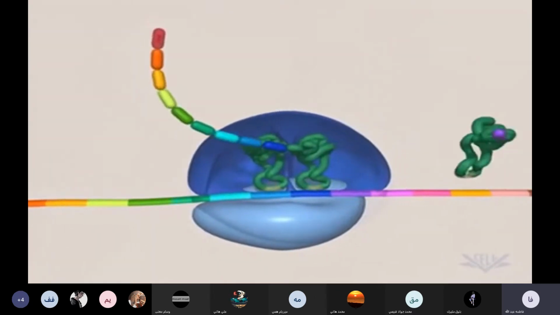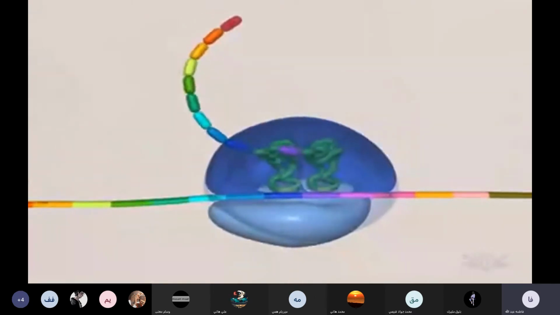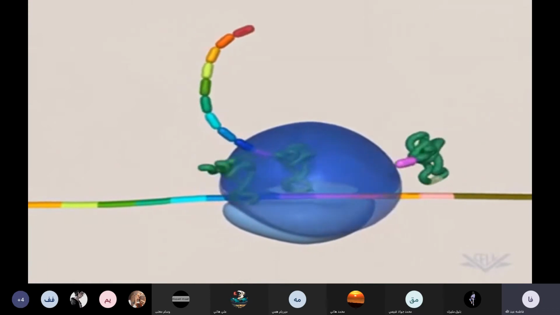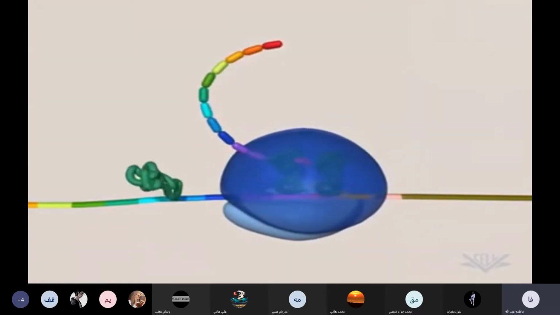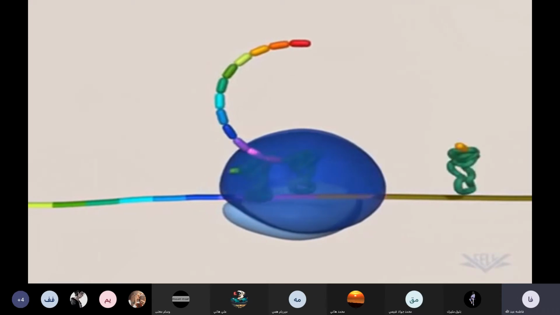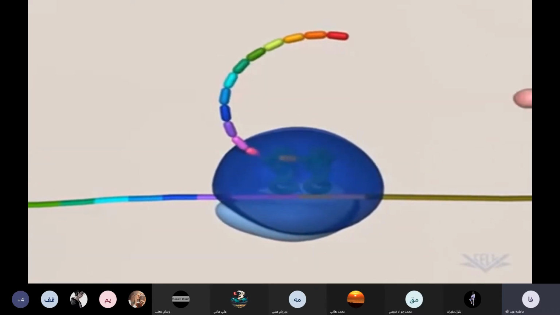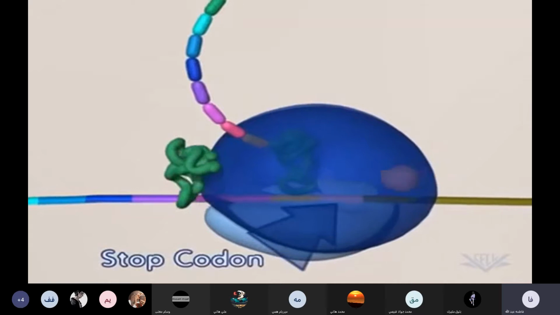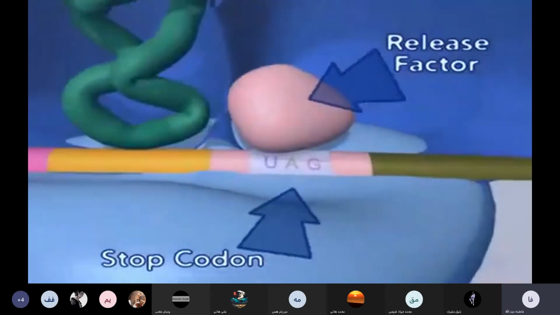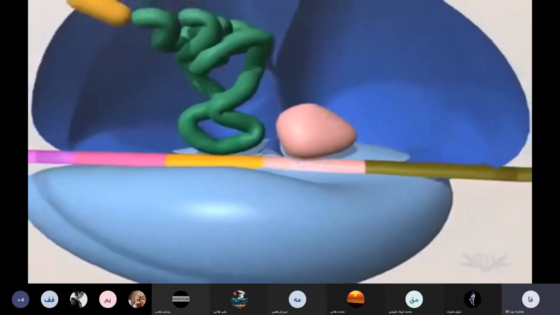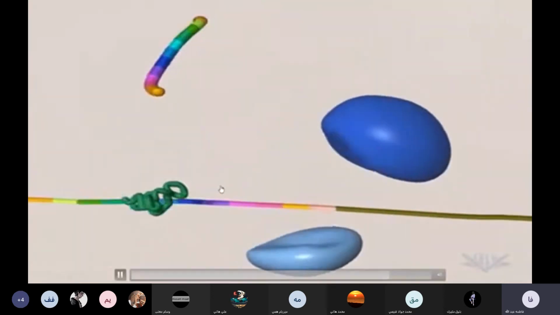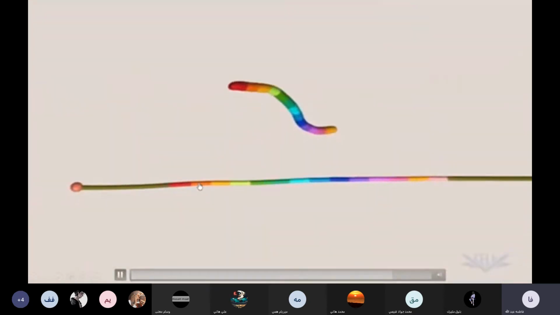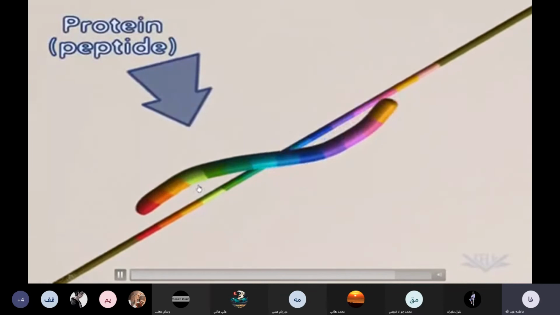As elongation continues, the growing peptide is continually transferred to the A site tRNA, the ribosome moves along the mRNA, and new tRNAs enter. When a stop codon is encountered in the A site, A release factor enters the A site and translation is terminated. When termination is reached, the ribosome dissociates and the newly formed protein is released.